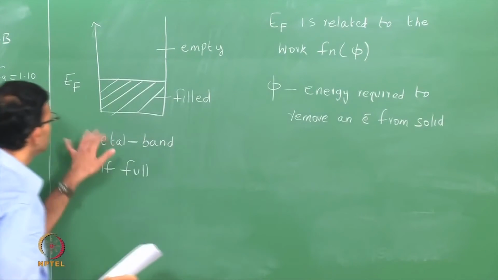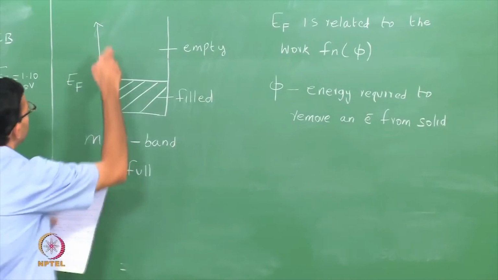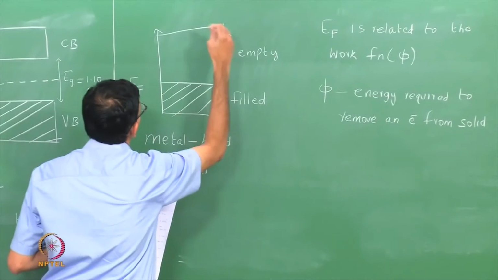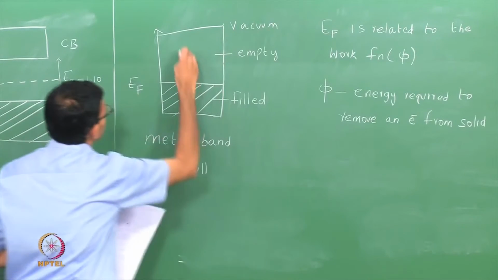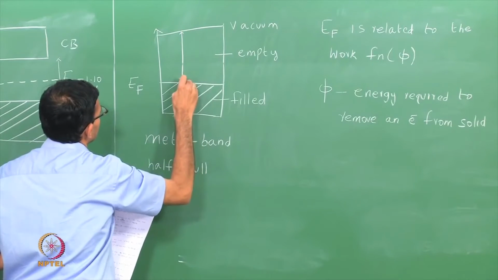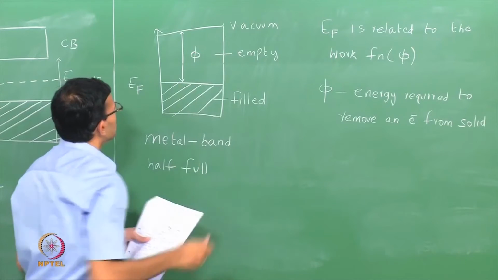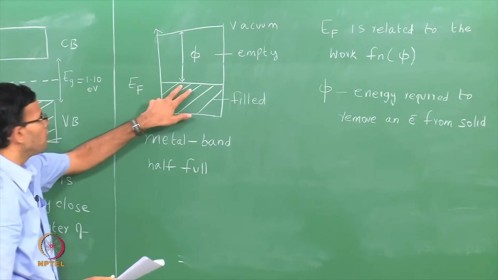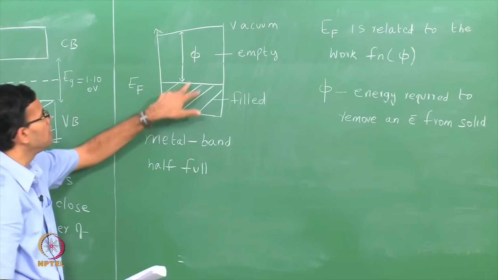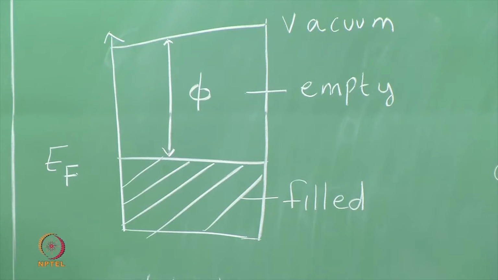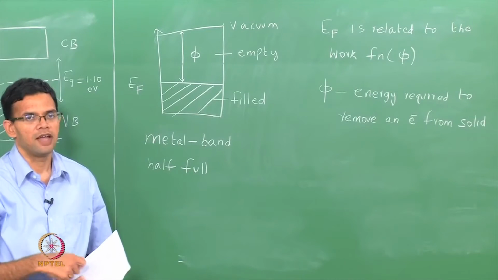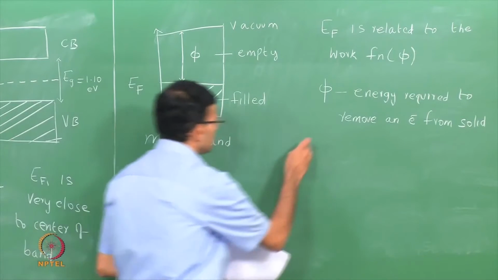So, if you go back to this band picture and we take the top of the band to be vacuum level, then psi represents the energy to remove an electron from Fermi level up to the vacuum level. In the case of semiconductors, we do not have electrons independently, we always have electron hole pairs.